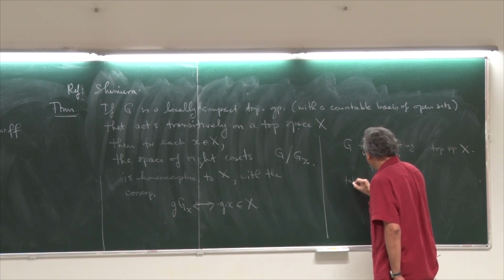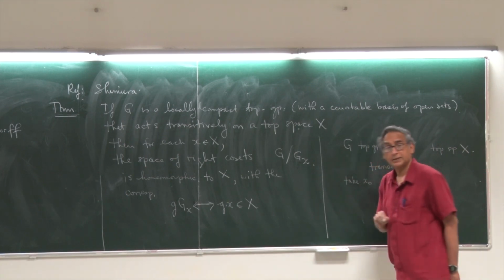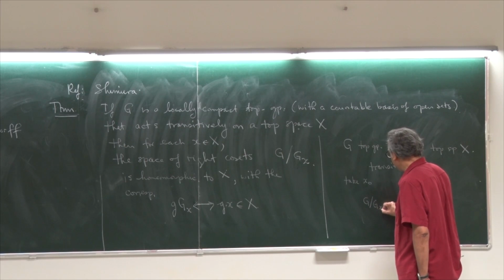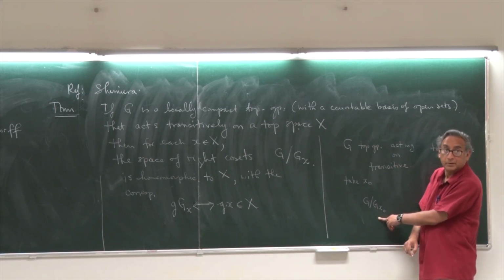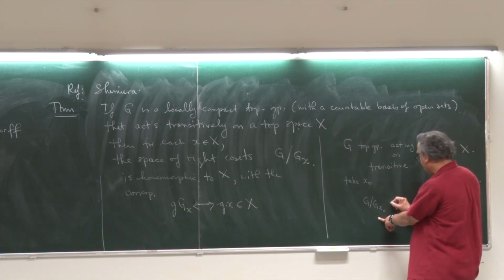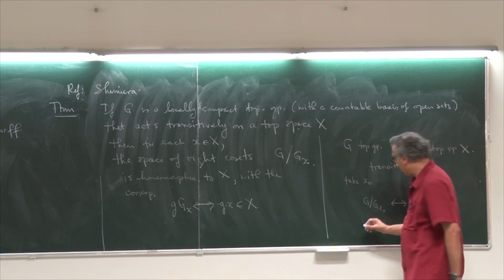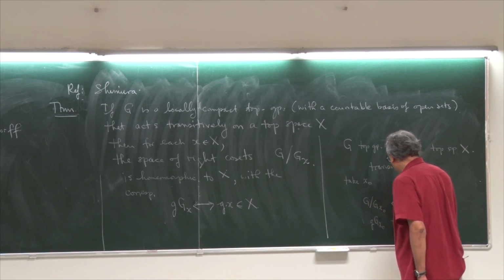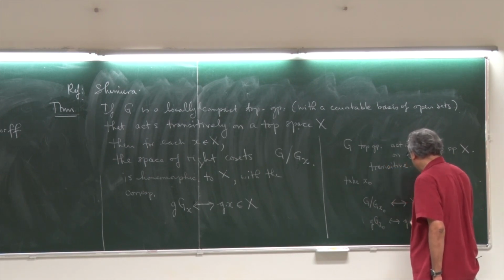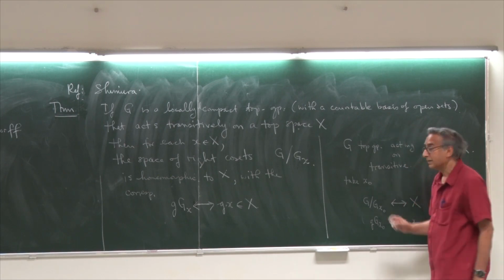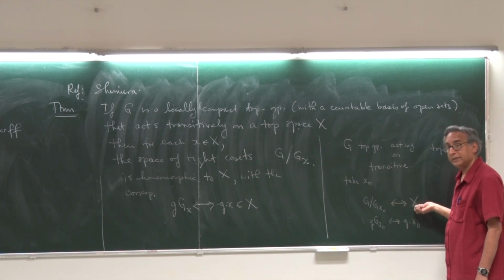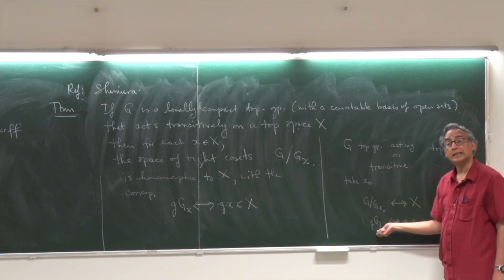Take a point x naught and look at the coset space, the space of cosets of the stabilizer group. I'm saying that this can be thought of as the space X. The coset G G_x0 corresponds to the point G acting on x naught. Because it's a transitive action, this fills up all the space, all the elements. So I can identify elements of the space X with cosets.